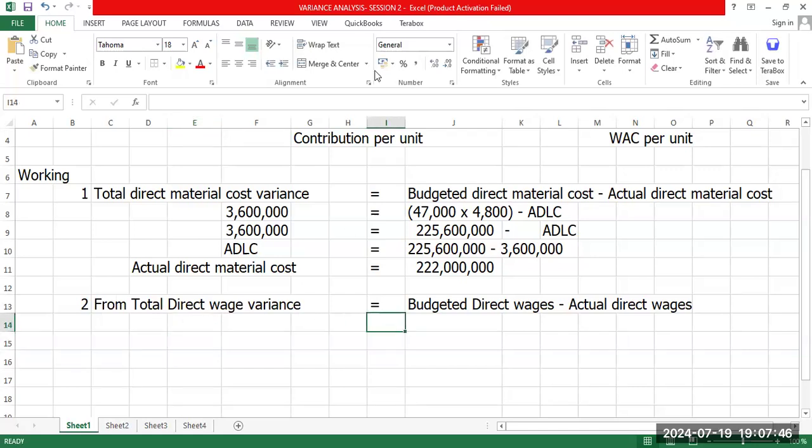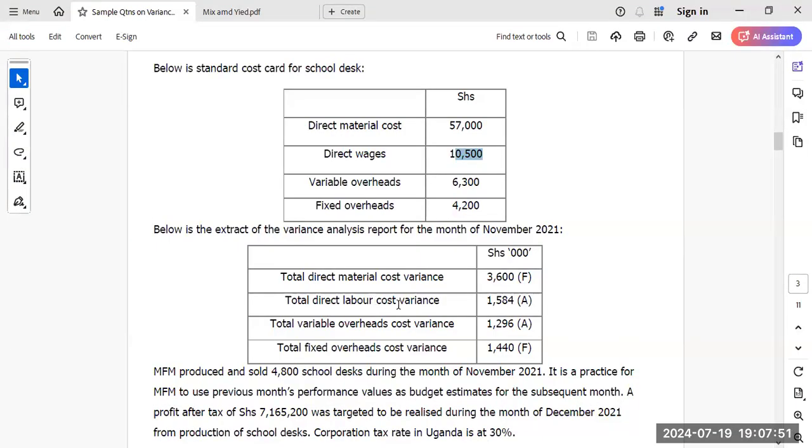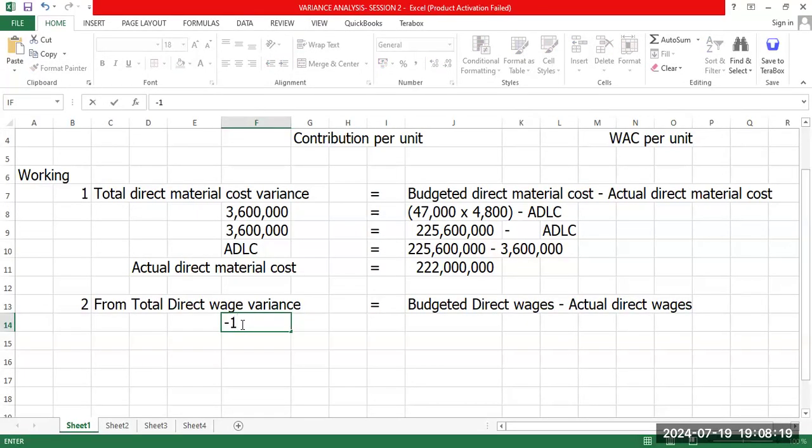So we have our total direct wages, total labor cost variance, that is like total direct wage variance. And you see that this one is adverse. So as you copy, this should be 1,584,000, but negative. This is negative 1,584,000.